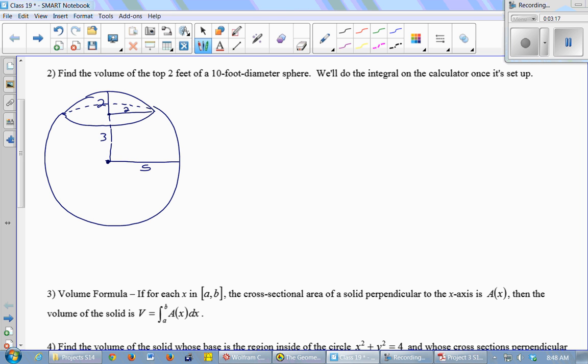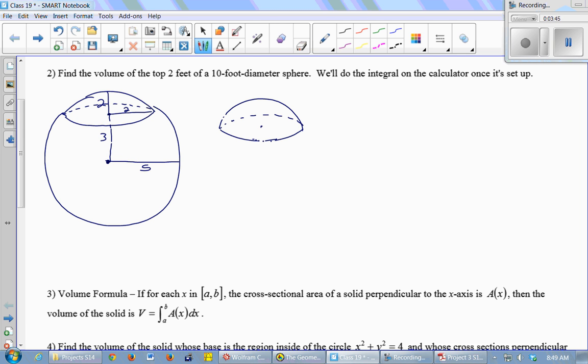All right, so I'm just going to redraw the cap over here. I'm going to pick any random spot. What are the cross sections of this thing? If I slice it horizontally, what do the cross sections look like? Discs, yeah, circles.